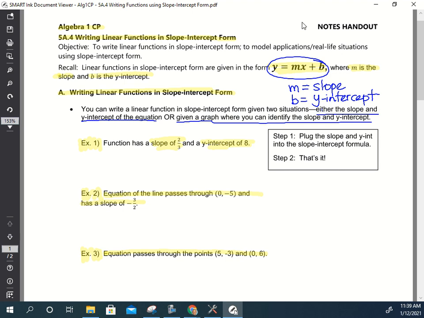So, writing the function is actually pretty simple. Example 1. The function has a slope of 2/3 and a y-intercept of 8. So, it's literally 2 steps. Step 1, plug the slope and the y-intercept into the slope-intercept formula. The slope-intercept formula is y equals mx plus b.